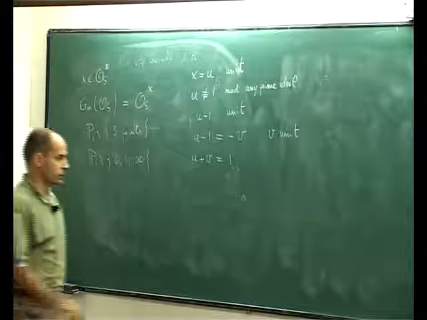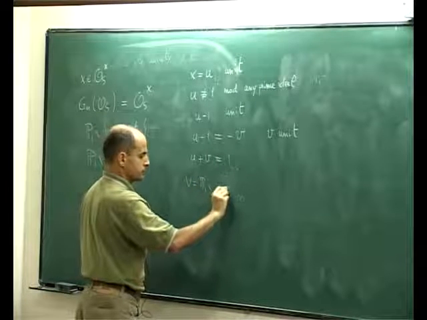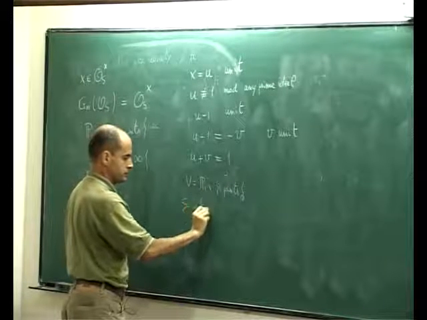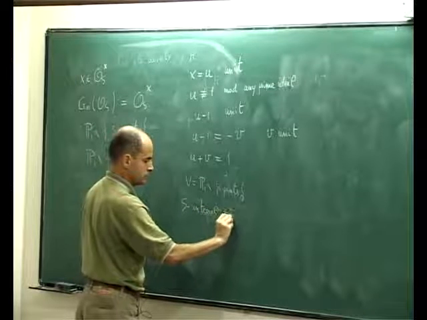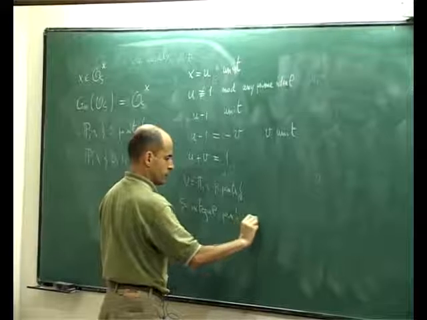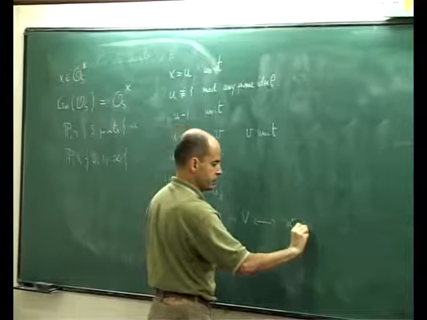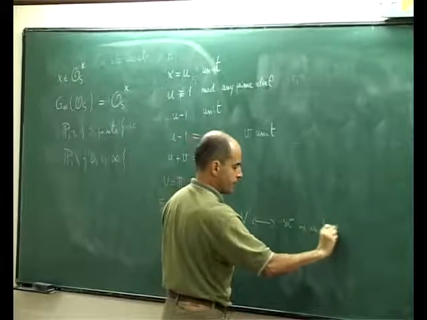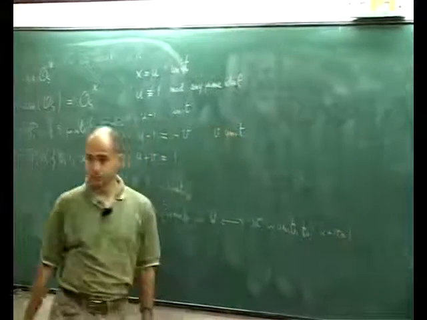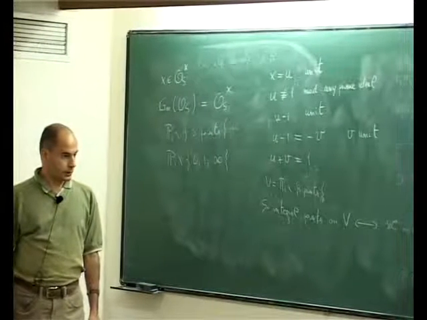So S-integral points on B, where B is P1 minus 3 points, correspond bijectively to solutions in units to the equation u plus v equals 1.